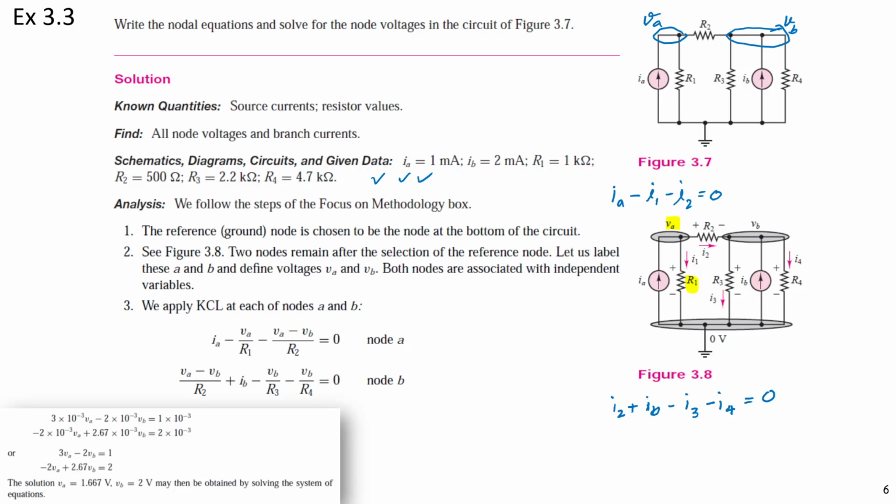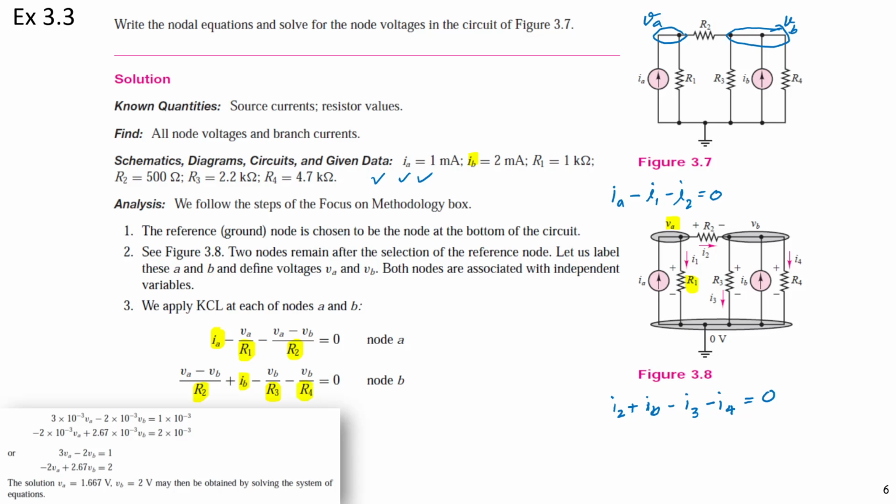Then we substitute the known values. So we know IA, we know R1, we know R2, we know IB, we know R3 and R4.